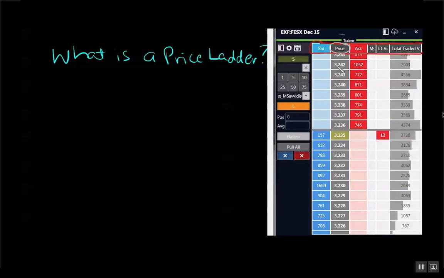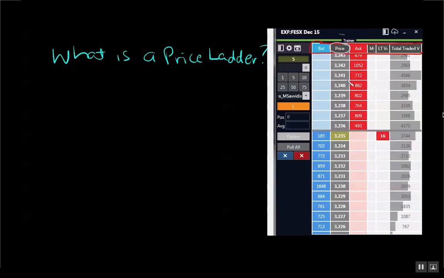In this price column, we have every tick increment of the specific product that is traded. So in this price ladder window, we're looking at the Euro Stoxx 50 Futures Index. It's an equity index that's traded on Eurex.